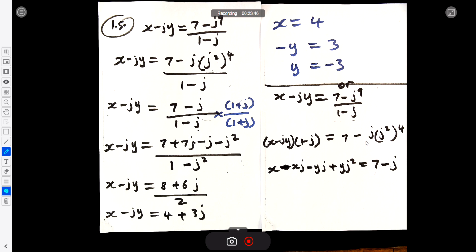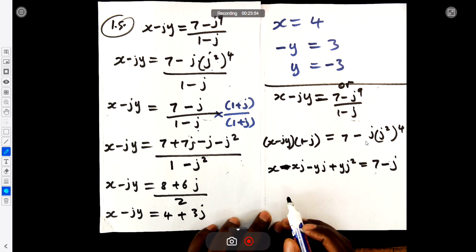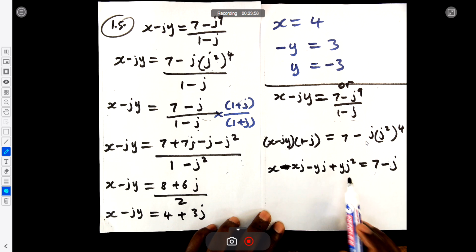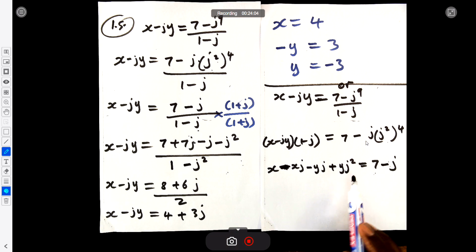And make sure variables x and y are on one side, so everything's on the left hand side consisting of x and y. So we have to group the real parts, which ones don't consist of j? So I hope you see if we simplify yj squared, because j squared is minus 1 times y, it will be negative y.